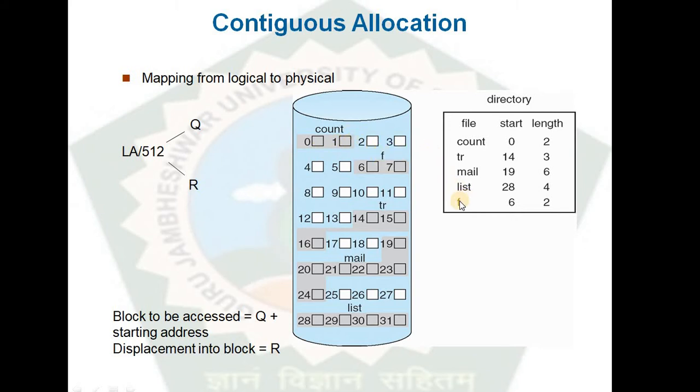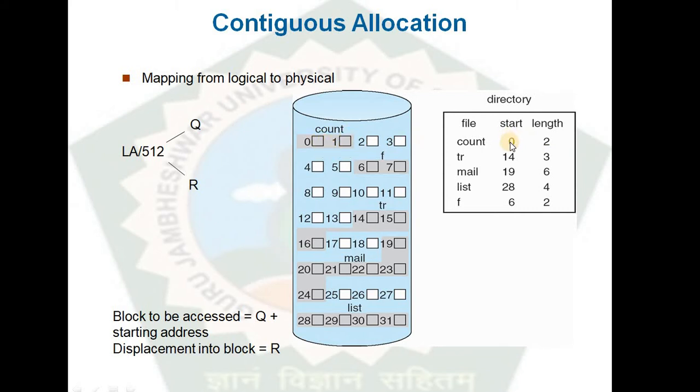Like this file F, all the data is contiguous. Like file TR, all the data of file TR is stored in continuous form onto the disk. And this is how it is represented in the secondary storage: the file name, the starting address of the block of that particular file, and the total length of blocks contained in that file.